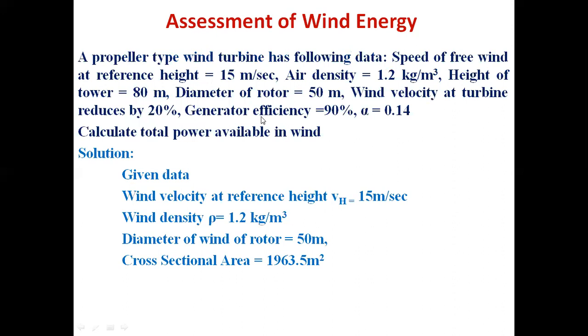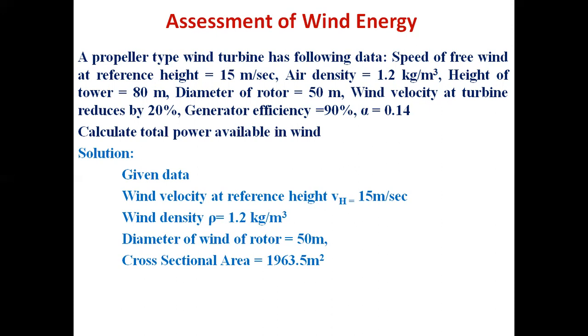If we want to know the power generated by the wind turbine, then we have to use Betz limit using the capacity factor. Capacity factor CP is the ratio of PT by PW, that is power developed by the wind turbine upon power available in the wind.